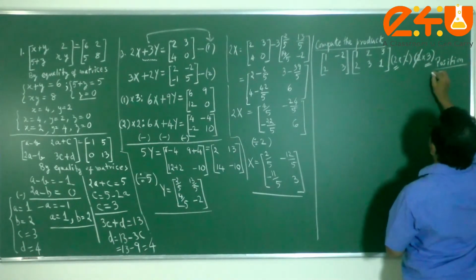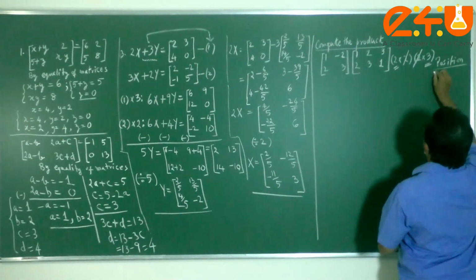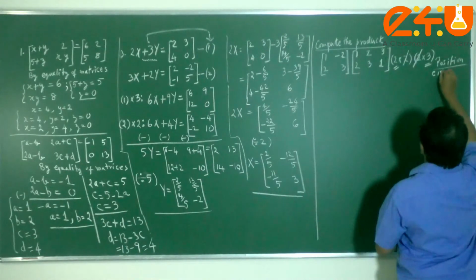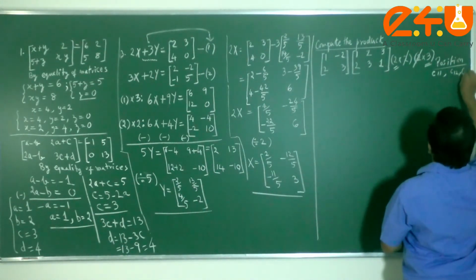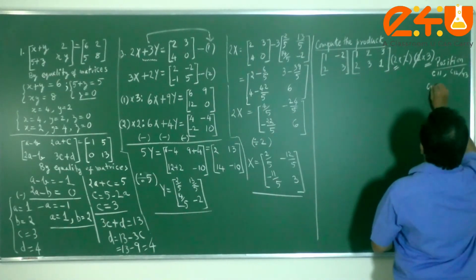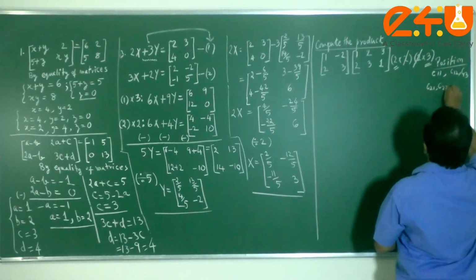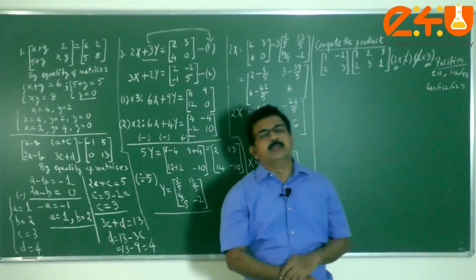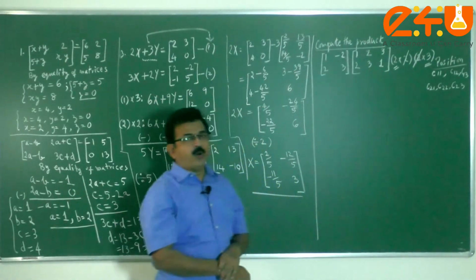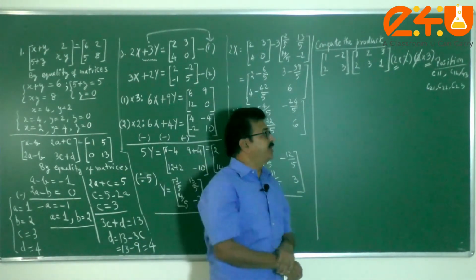The addresses will be, the product matrix says C, so I will get C11, C12, C13, C21, C22, C23. So that completes the formation of the 6 elements.